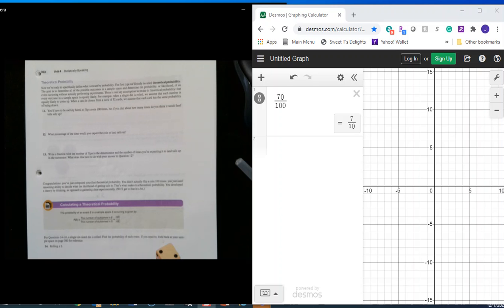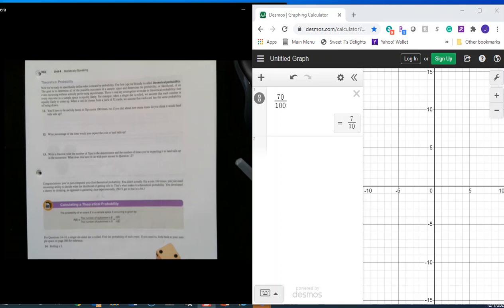There is one key assumption we make in theoretical probability, that every outcome in a sample space is equally likely. For example, when a single die is rolled, we assume that each number is equally likely to come up.